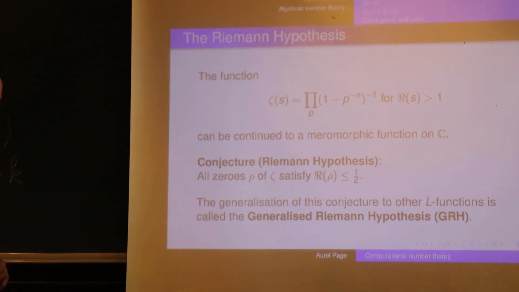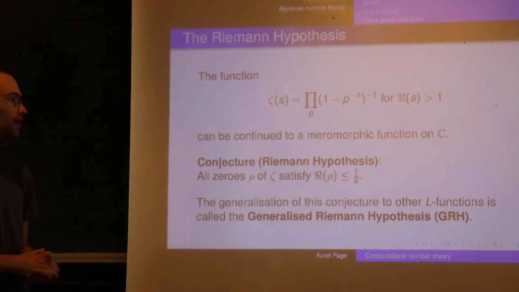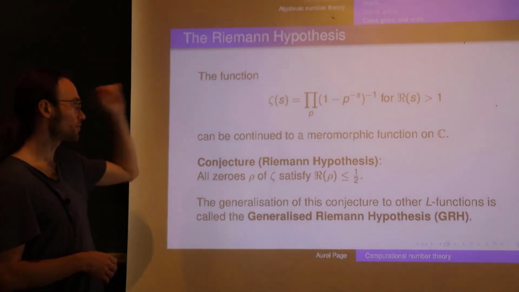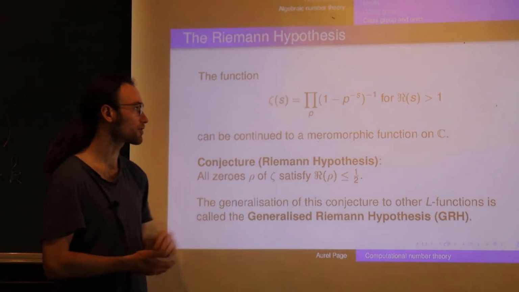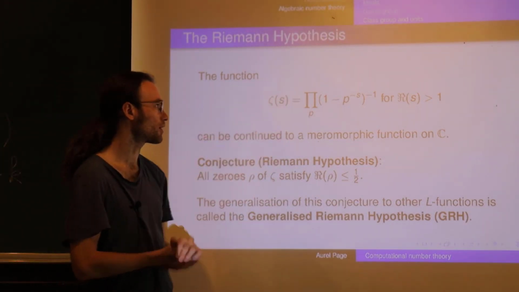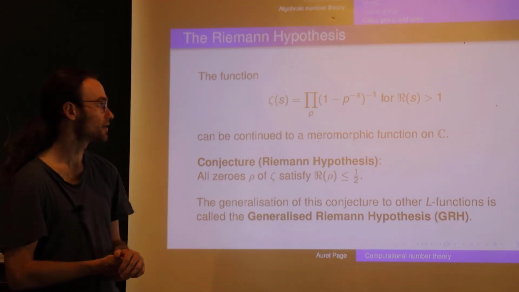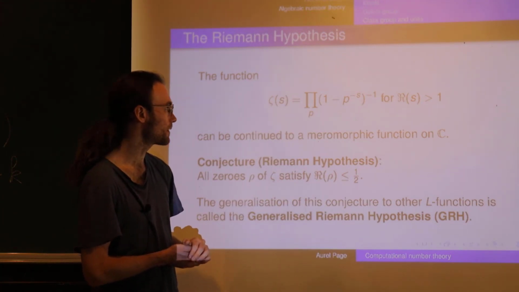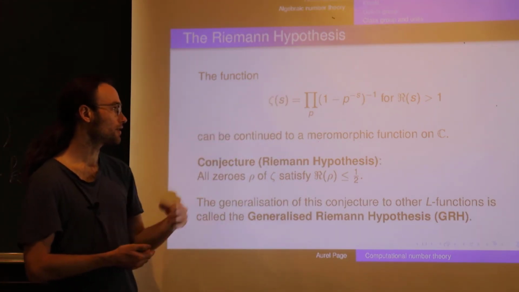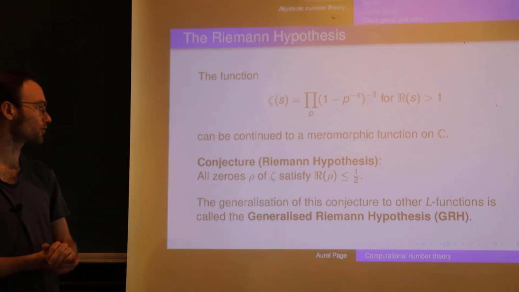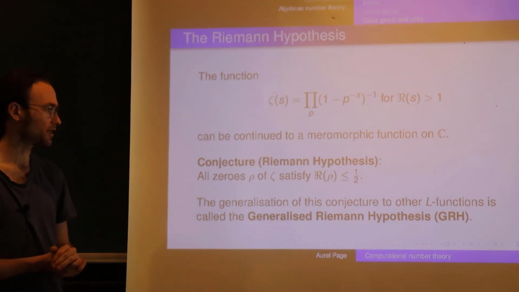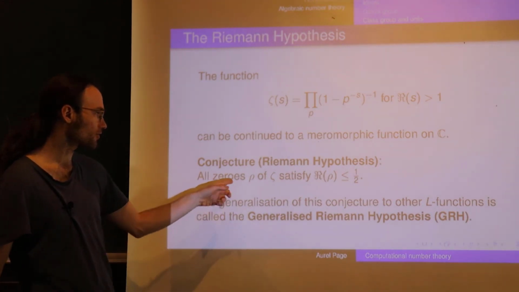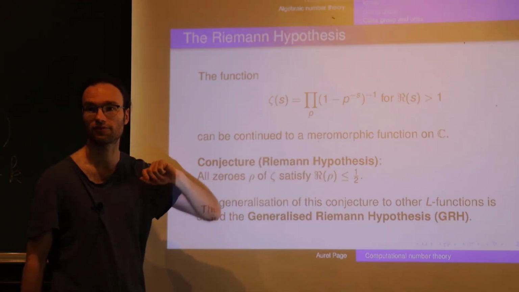Okay, so before talking about the algorithms, I just want to mention one dependence of the algorithms, namely the Riemann hypothesis. As you may know, this product over primes p of (1 minus p to the minus s) to the minus 1, for s with sufficiently large real part, converges, and you can continue it to a meromorphic function on C. And there's a very, very big conjecture about this function, which is that all the nontrivial zeros of it have real part exactly 1/2.